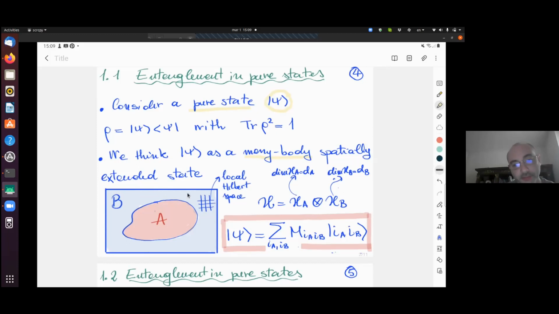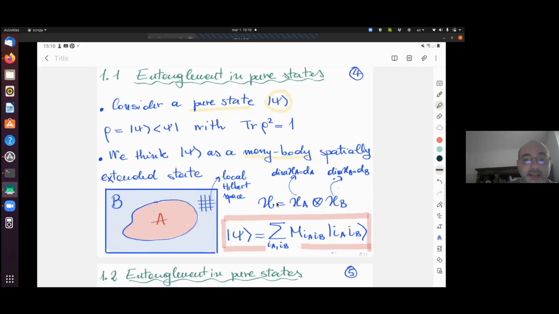To define entanglement as usual, we take our universe and bipartition it into region A and region B. For me it will be quite important, at least to regularize my calculation, to have a notion of local Hilbert space, so basically a lattice, beyond this real space picture.